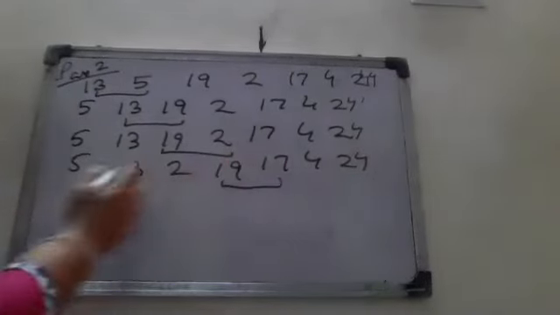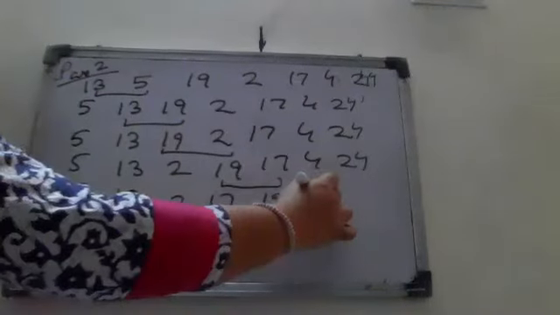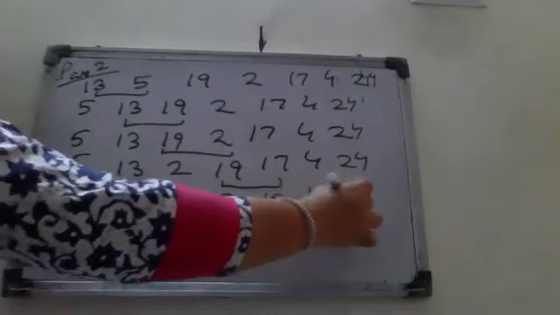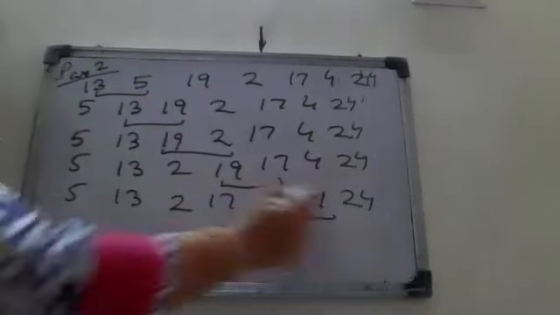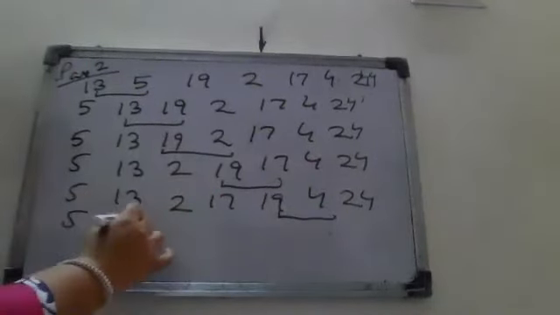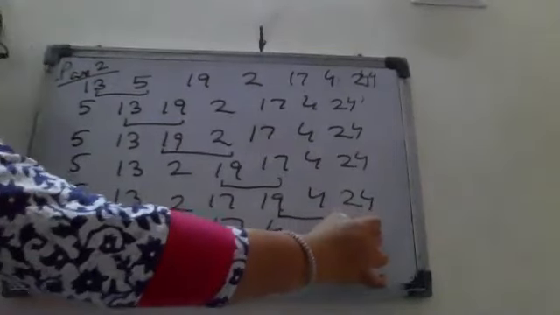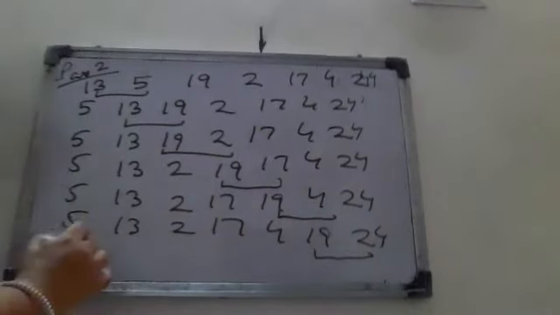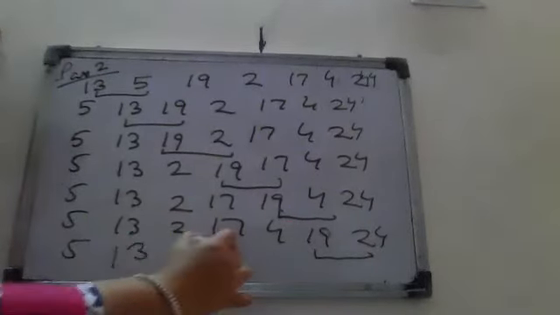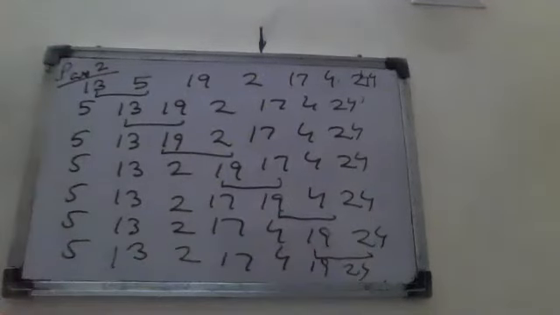Then again, these two numbers: 5, 13, 2, 17, 19, 4, 24. Now again, these two numbers: 5, 13, 2, 17, 4, 19, 24. Now these two numbers: 5, 13, 2, 17, 4, 19, 24. So this is the answer of pass 2.